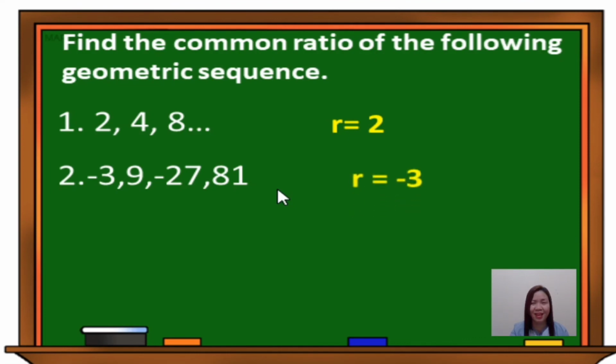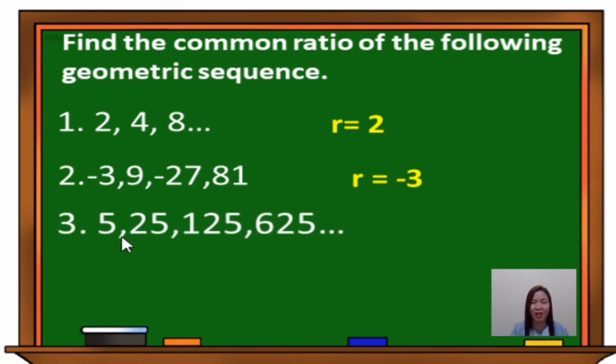And the answer for that is negative 3. So 81 divided by negative 27, negative 3. Negative 27 divided by 9, negative 3. 9 divided by negative 3 is negative 3. Next number 3.